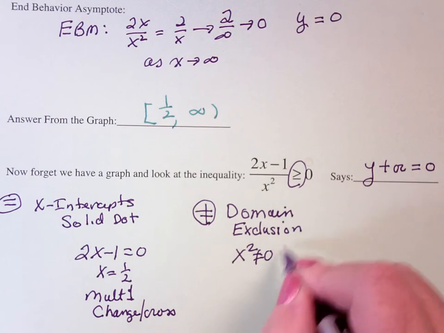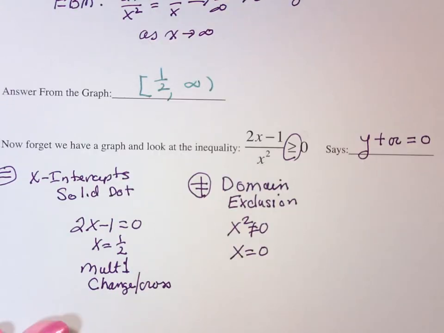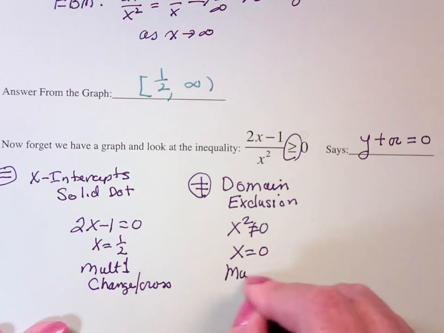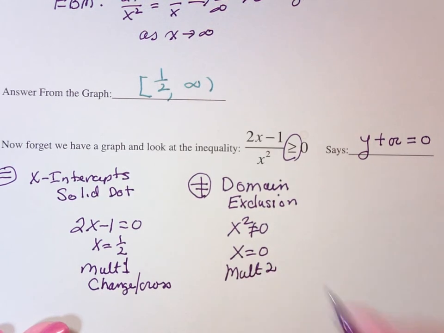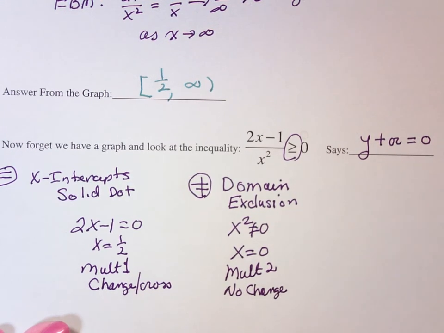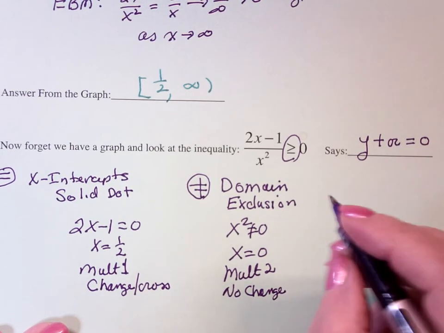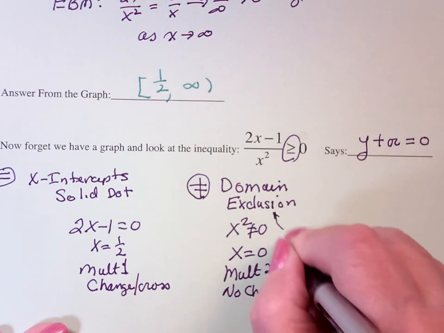So this is going to be an open dot, x equals 0, multiplicity 2, so there's no change in y. It's not a touch because it's an exclusion, and because it's a domain exclusion, this guy is an open dot.